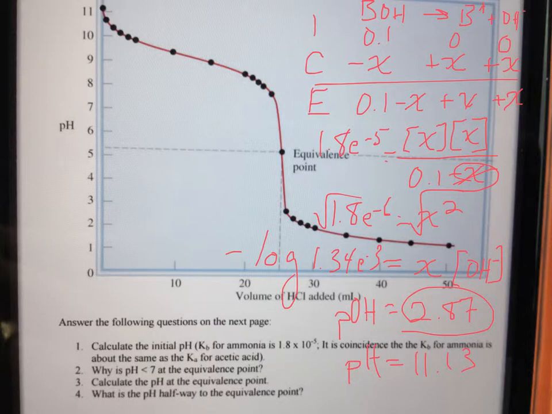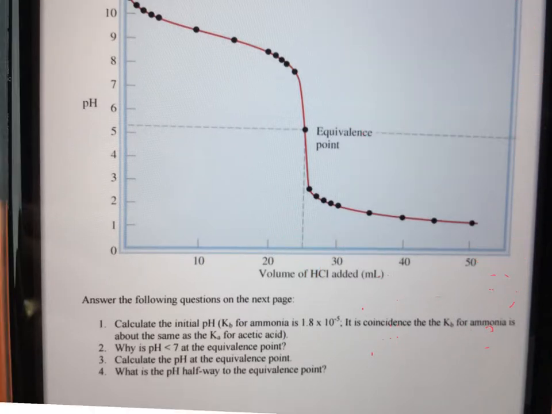Question 2 asks, why is the pH less than 7 at the equivalence point? The reason is because ammonia is a weak base. And just like we talked about with weak acids having strong conjugate bases, ammonia being a weak base has a strong conjugate acid.